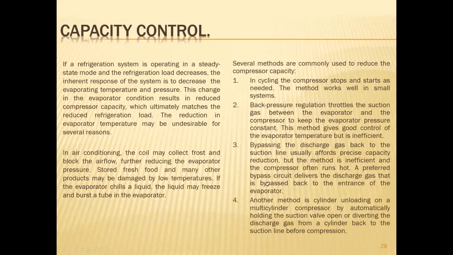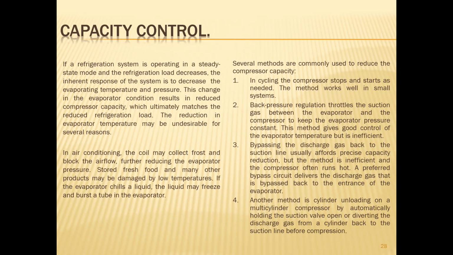Next, capacity control. If a refrigeration system is operating in a steady state mode and the refrigeration load decreases, the inherent response of the system is to decrease the evaporating temperature and pressure. This change in the evaporator condition results in reduced compressor capacity, which ultimately matches the reduced refrigeration load, but the reduction in evaporator temperature may be undesirable for several reasons.